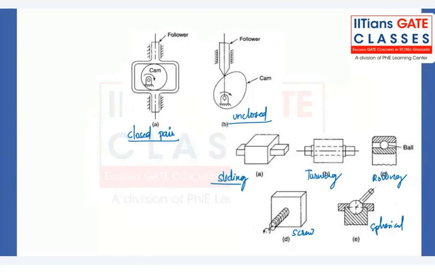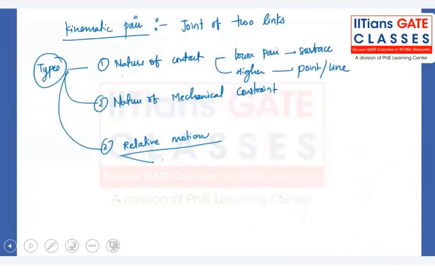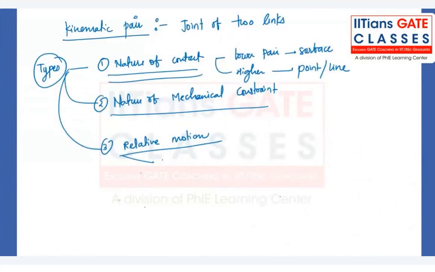So these are the 5 different kinds of possible pairs depending on the nature of relative motion. This is the broad classification of kinematic pairs. So now we understood some terminologies: we understood the link, and we understood how to make the joint, so basically a kinematic pair.